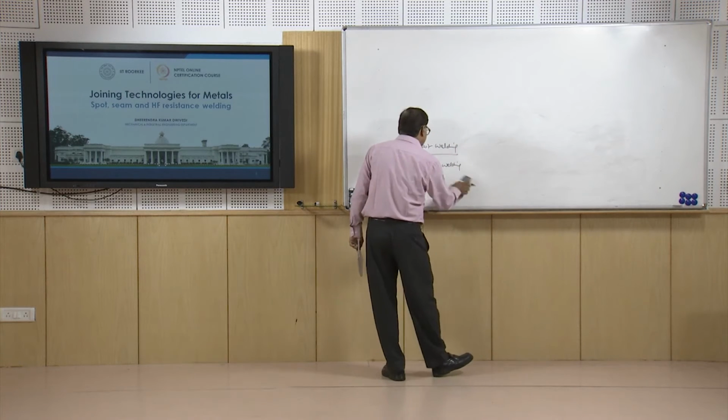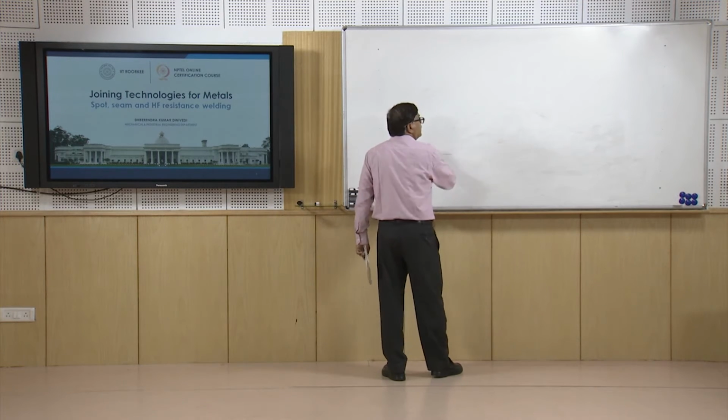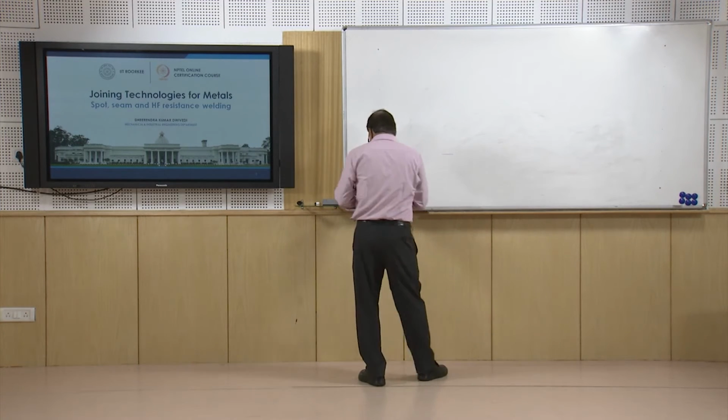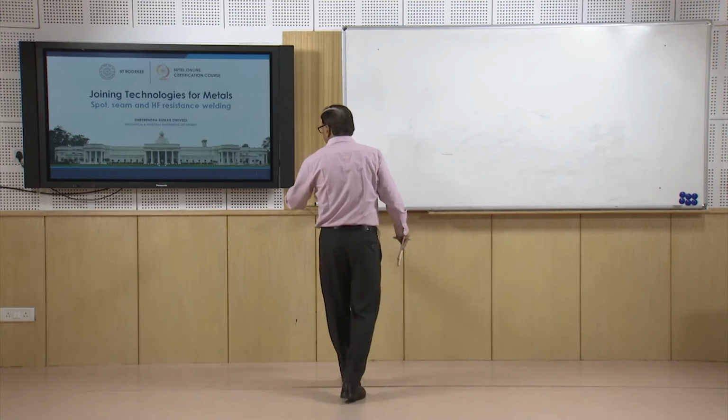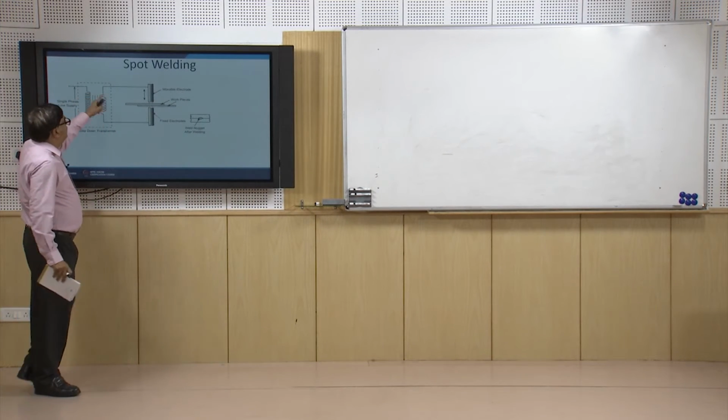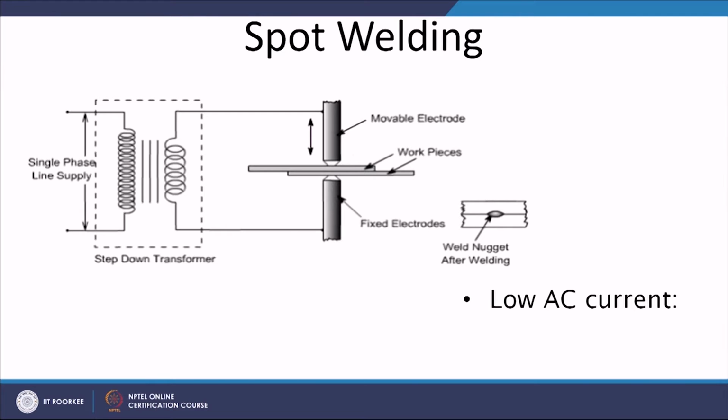So, we will talk about all these three processes using this presentation here. What we will see here, in this case, is one power supply, and the two sheets to be joined are kept in overlapping configuration. Through the electrode, the pressure and the welding current is supplied, and once the welding current is supplied for a sufficient period, a nugget is formed after the welding like this.